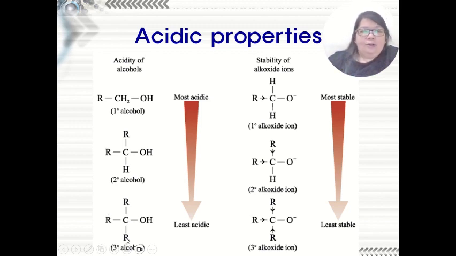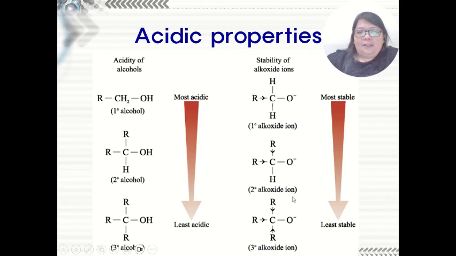The more alkyl groups you have bonded to the carbon that is bonded to the O, the stronger the positive inductive effect, and the more unstable the alkoxide ion that is formed.